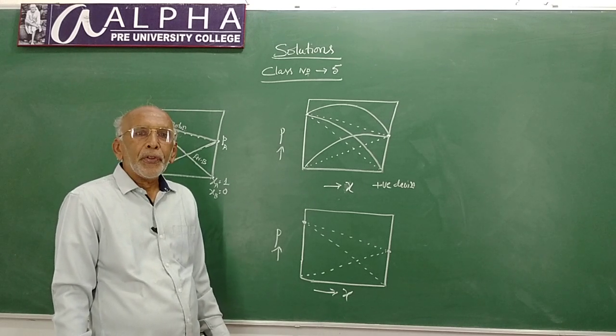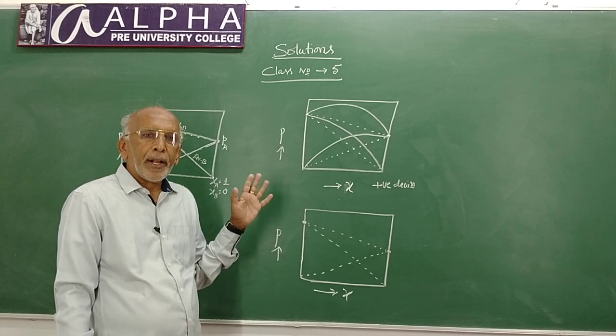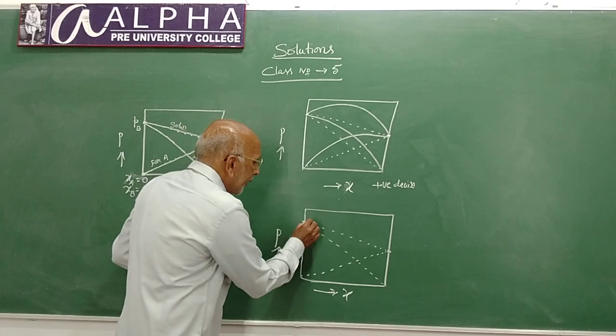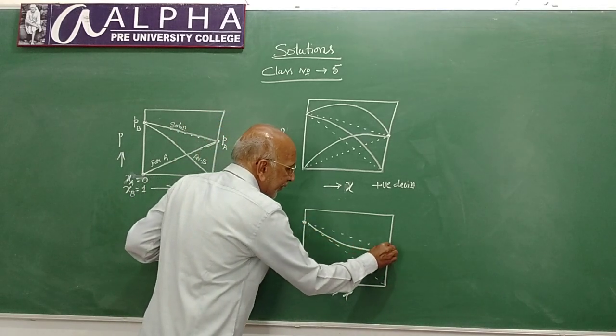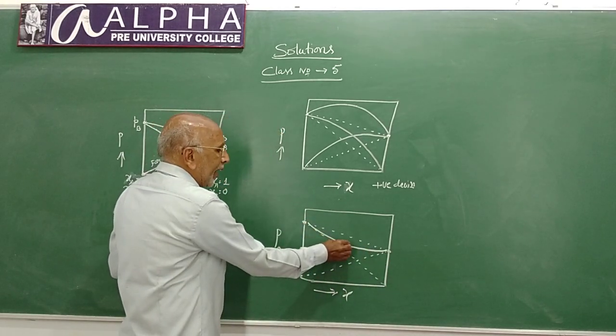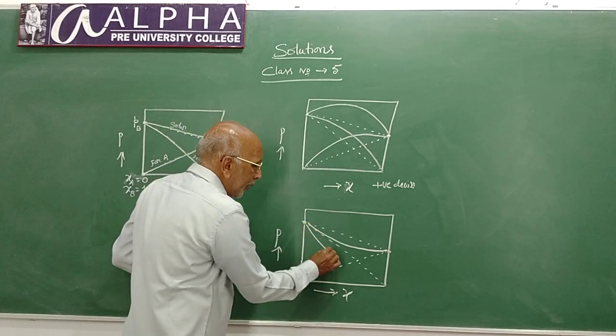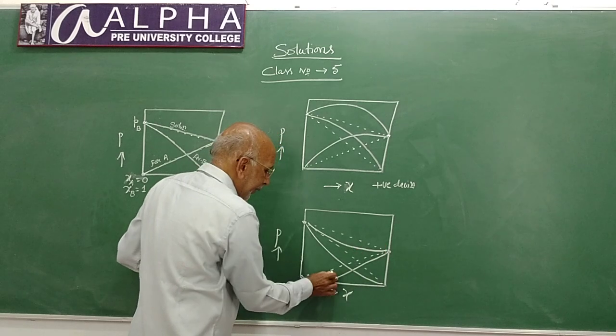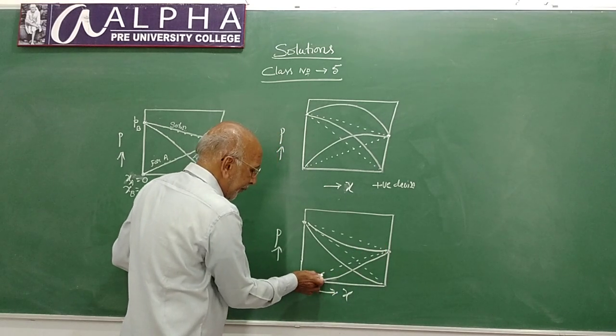And the plot is actually a curve showing a minimum. The plot will be like this, showing a minimum, and for the corresponding liquids also the plot is like this.